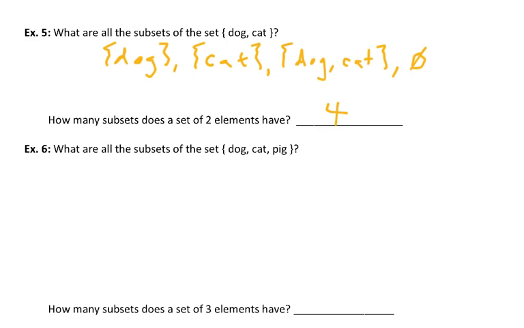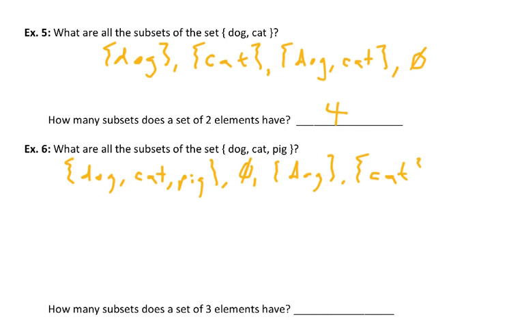Suppose we throw in another animal, and you've got 3 elements. Looking at all possible subsets, well, we know that we could have the entire set, {dog, cat, pig}, so that would be 1. We know we'd have the empty set, because we've just talked about that, the empty set, a subset of everything. Let's see what else we'd have. Well, you could have just the dog, you could have just the cat, you could have just the pig. Those would all be subsets.